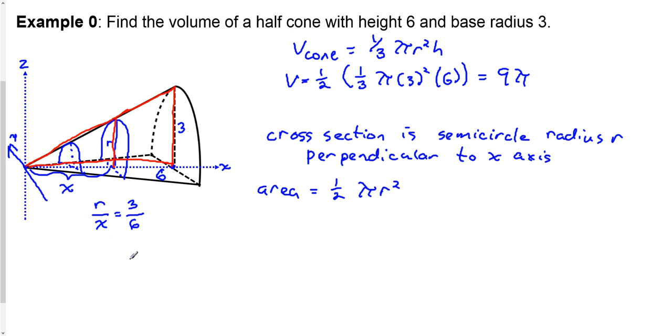So r equals 3 over 6 x, or in terms of x, r is going to equal 1/2 x.